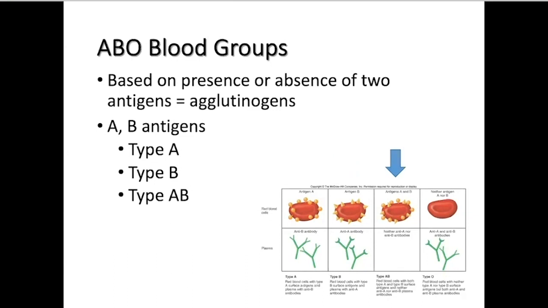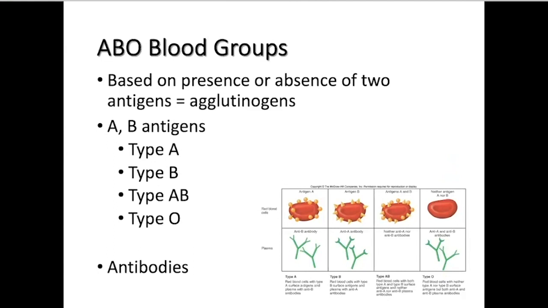If you are type AB, you have a combination of both A and B antigens on your red blood cell surfaces. If you have type O blood, you don't have either A or B, so you don't have any of these antigens on the surface of your red blood cells. Your blood type is genetically determined.